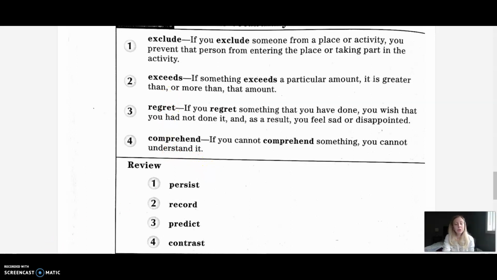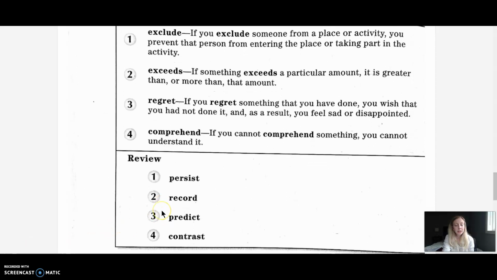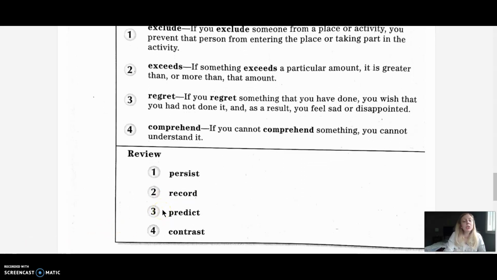And now we're going to review the words that we did last lesson. So we have persist, record, predict, and contrast, okay? So tell me, I'm thinking of a word to tell ahead of time what you think is going to happen.